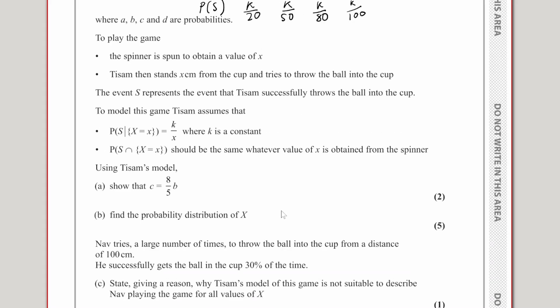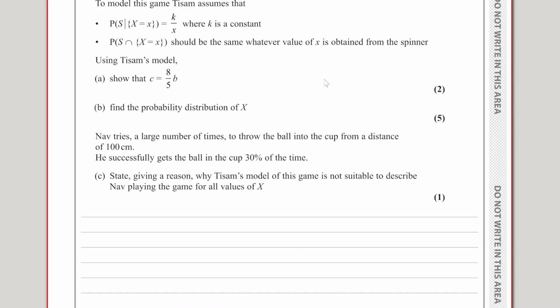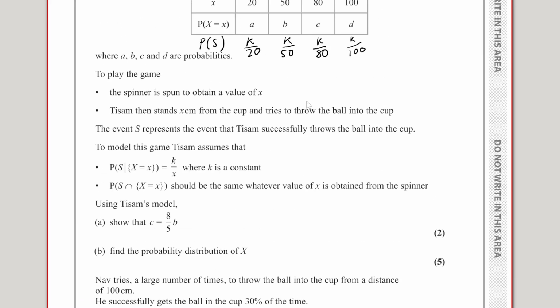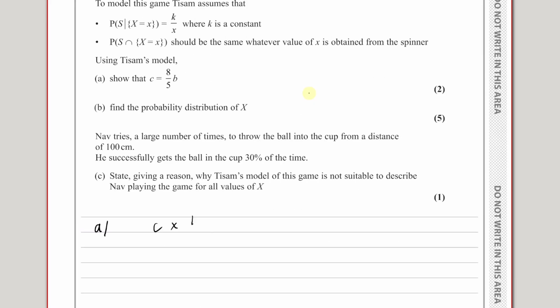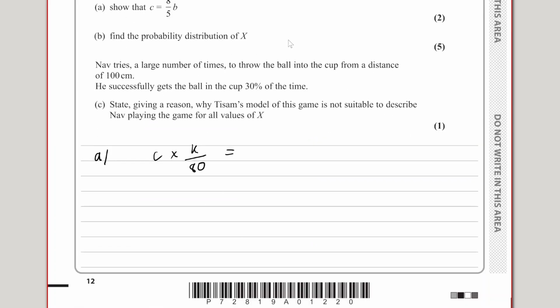That means it's equal. So C times K over 80 should be equal to B times K over 50.